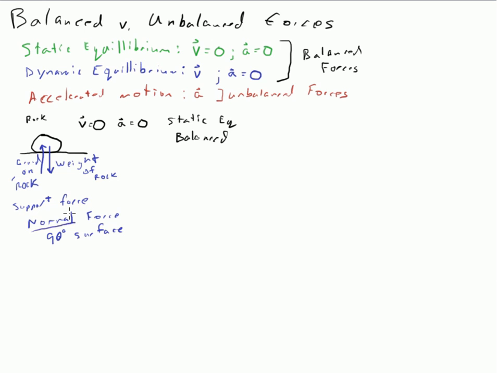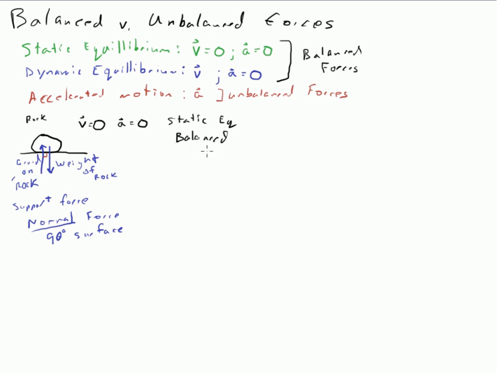The normal force, right? The angle is 90 degrees with the surface right there. So this is called a normal force. So on most things sitting on the ground, we'll have gravity pulling down on its weight, and then we'll have a normal force that pushes back up on it.